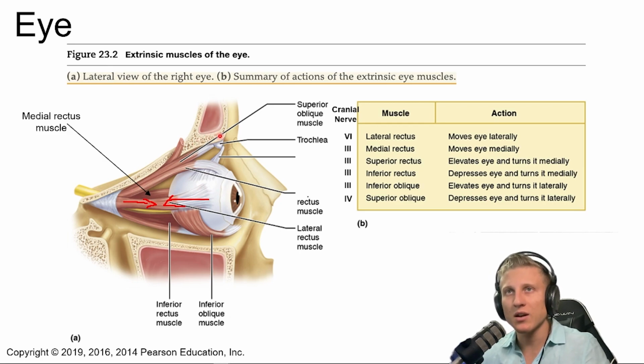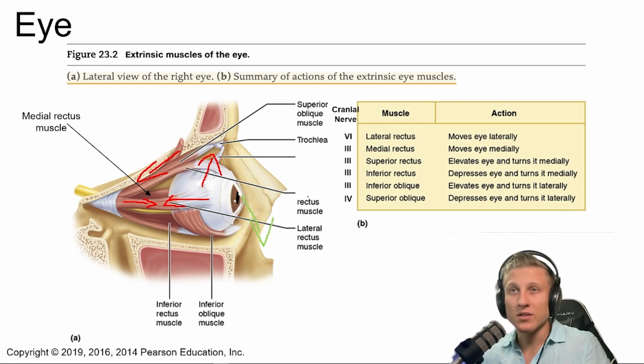Well, since it's running along this simple pulley mechanism, if this contracts, if this pulls back, that's going to pull the eye in 2 directions. Going to do 2 things to the eye. So if this moves this way, then that's going to pull the eye from the lateral surface this way, which is going to lead to a downward tilt in the eye.